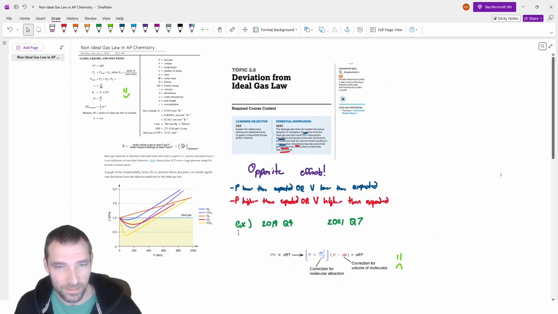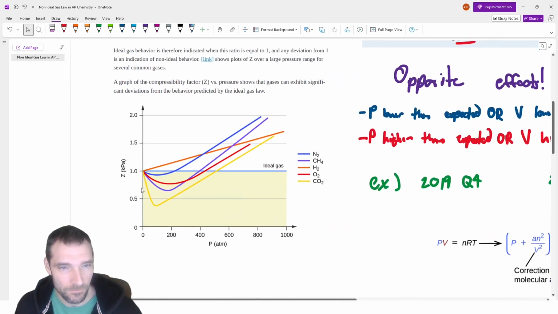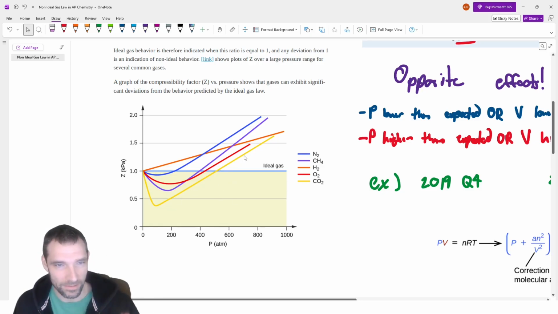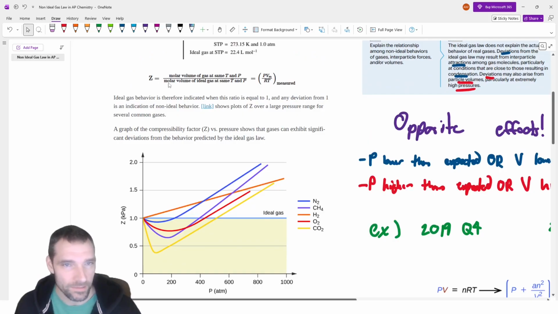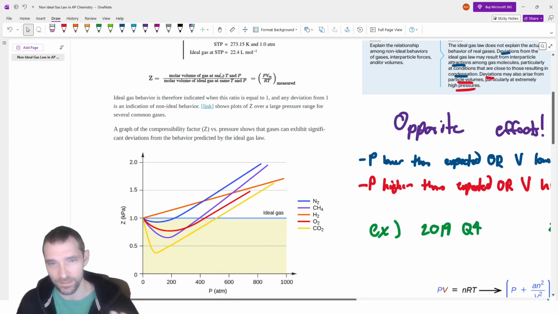We're going to look at this in the context of two AP Chem example questions, but you can also see that under low pressure, the effect is one way, and under higher pressure, the effect is the other way. So this Z factor is just a way of comparing the volume that you might expect using the ideal gas law to the volume that we actually see in observations.